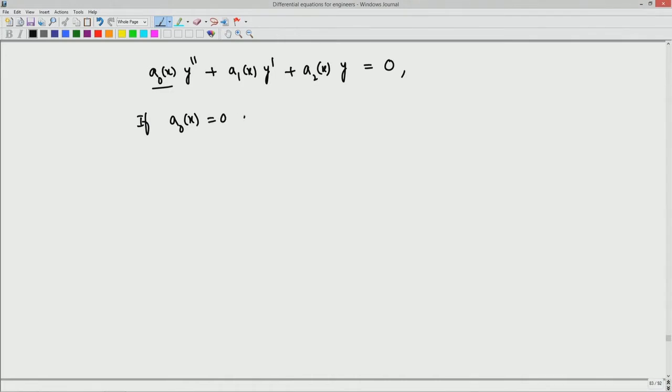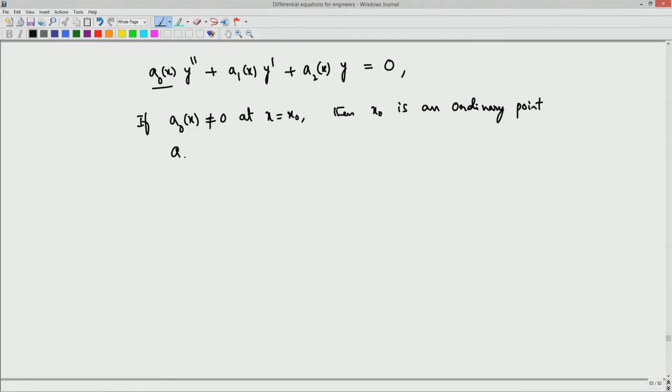If a0(x) is non-zero at a point, then that point is an ordinary point. All those points at which this is non-zero are ordinary points.